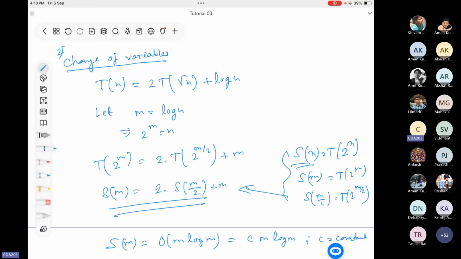If the log n is not there, then this could transform into something else which could be hard to solve. Since considering m equal to log n helped us transform it into a known form, we did it easily, but there could be difficulties.